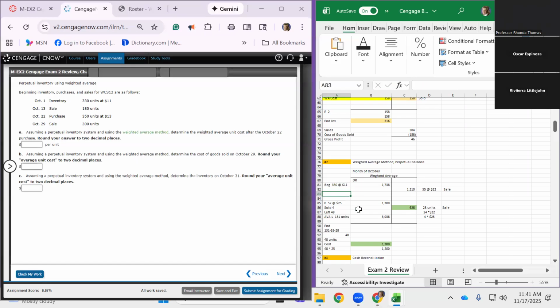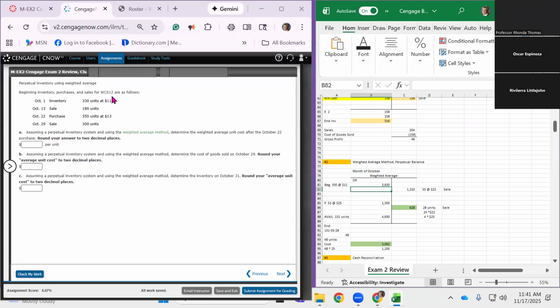So let me do the math here. We'll take 330 items times 11. So we started with 3,630.